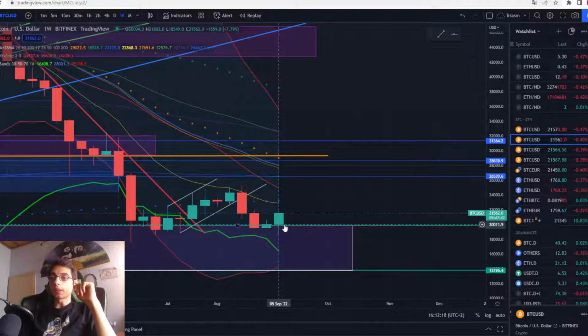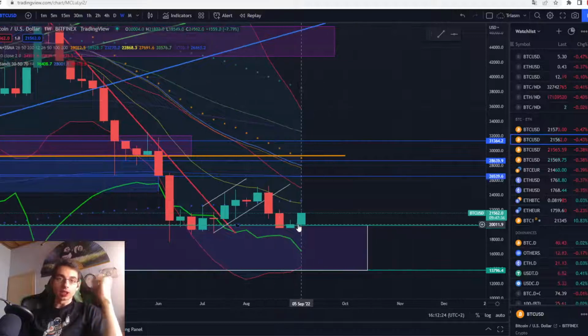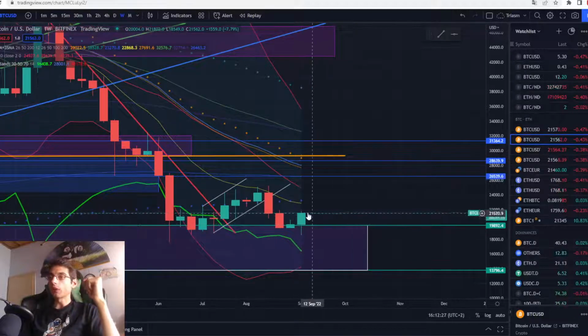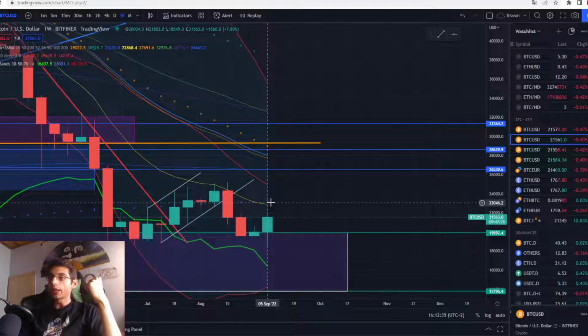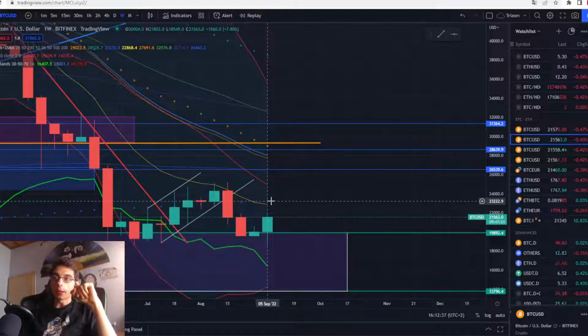We opened up above the 20k, which is the last all-time high of the last bull cycle, and we are still getting higher and trying to retest the 12 EMA on the weekly chart at 22.8 and the 200 SMA at 23.2.